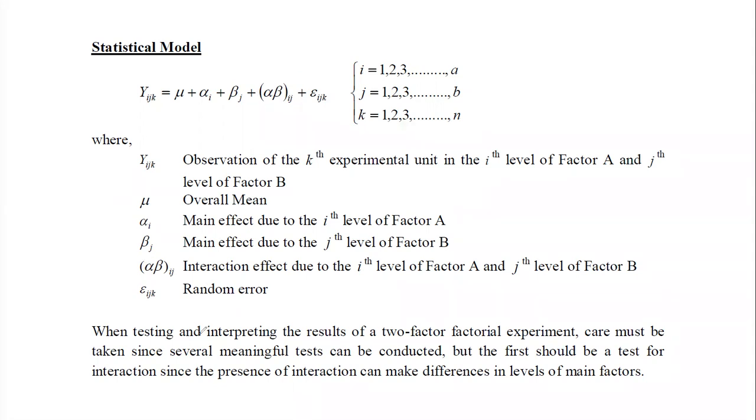When we are testing and interpreting the results of these two-factor factorial experiments, this is the statistical model we are using, and thereafter we have to test. It means that we need to identify whether there is an interaction, and whether there are main effects. Likewise, we have to go for several tests.